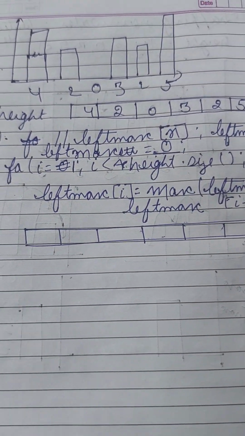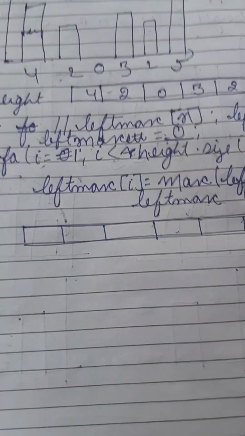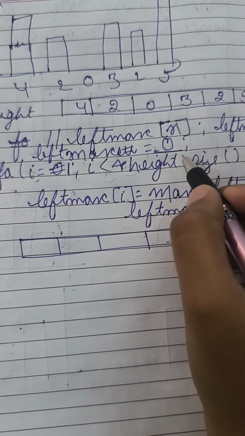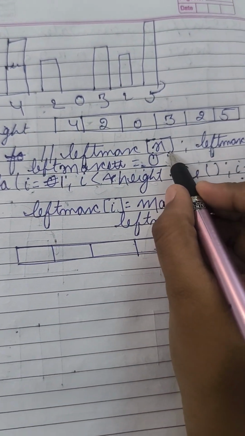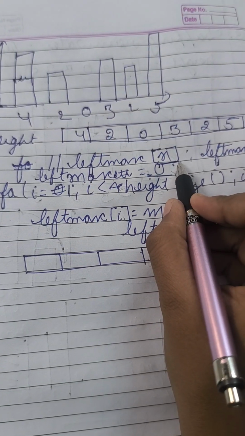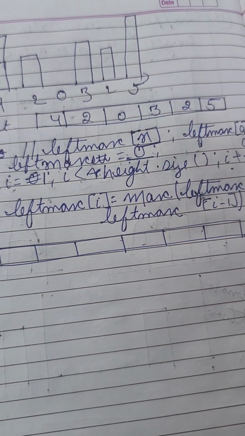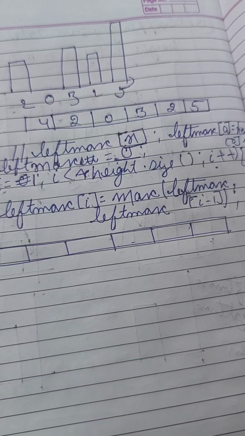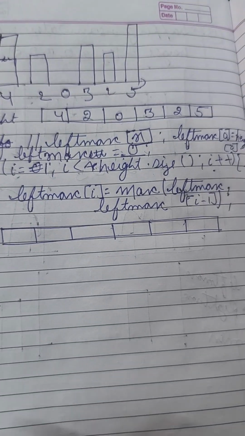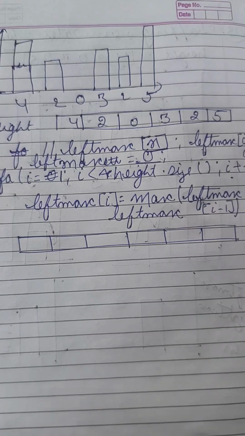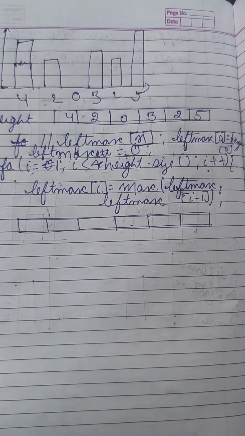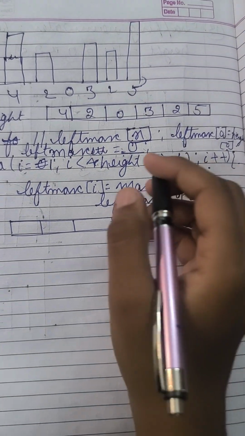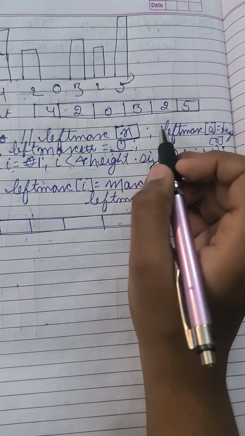For generating the left max, I created one array, leftMax of n, exactly the size of the array, or the size according to the constraints given in the question. On LeetCode you would see the constraints are given. I hope it would be clear. Now, further, I created a leftMax array of n size.